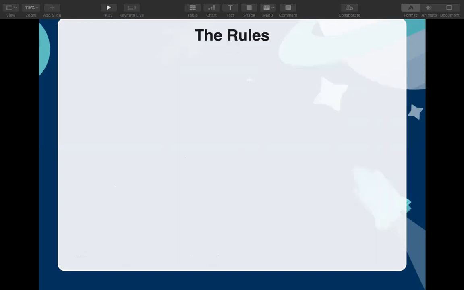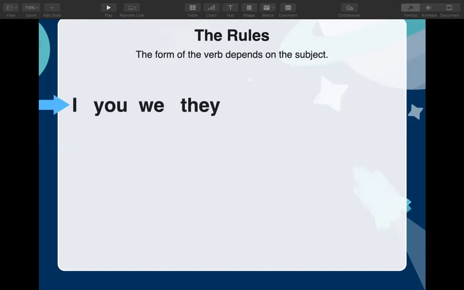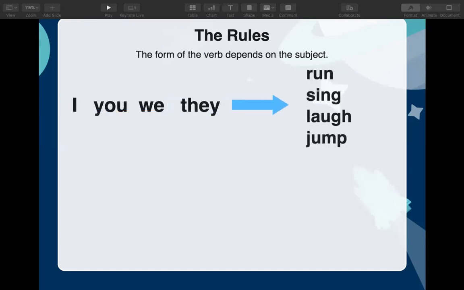Let's continue. Another important rule of the simple present is the form of the verb depends on the subject. For example, I, you, we, they run, sing, laugh, and jump.